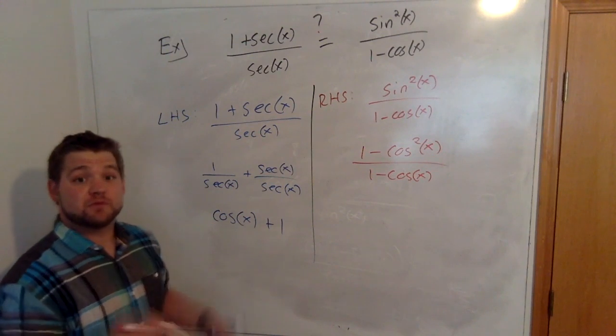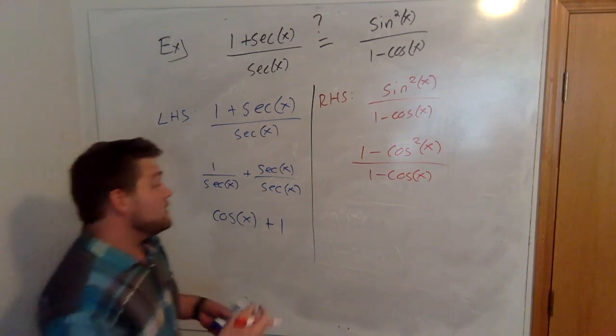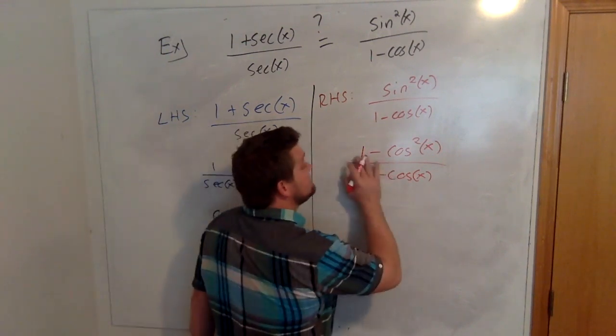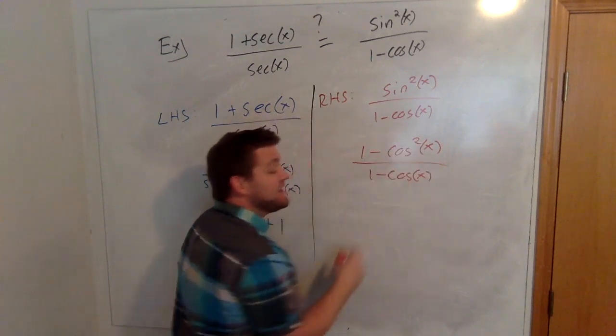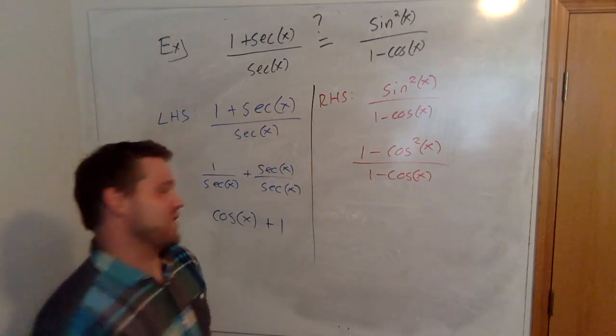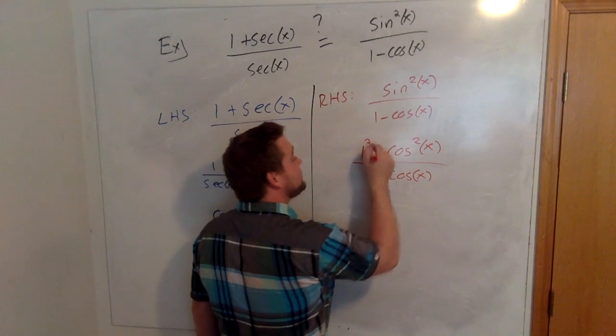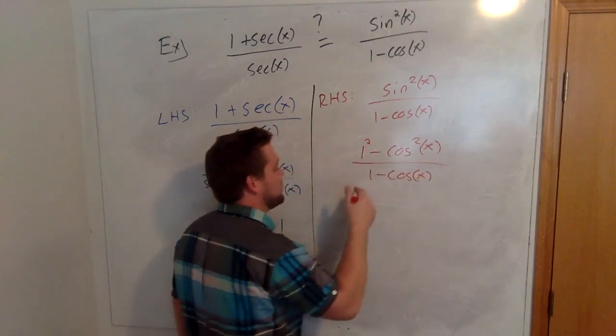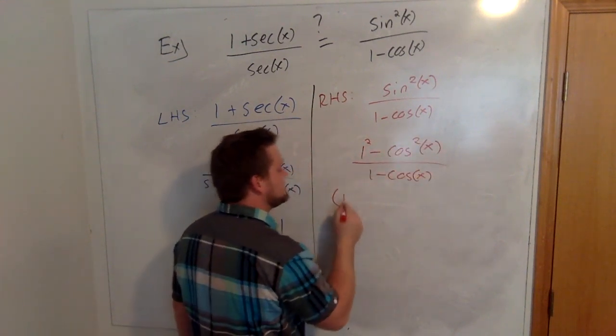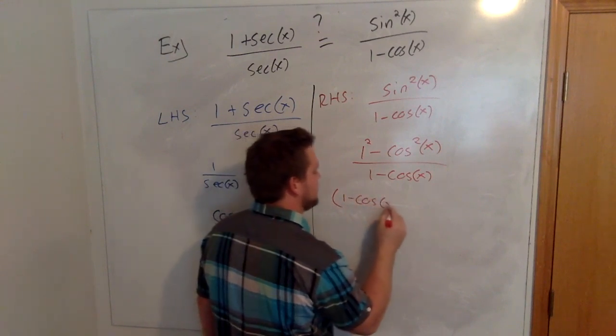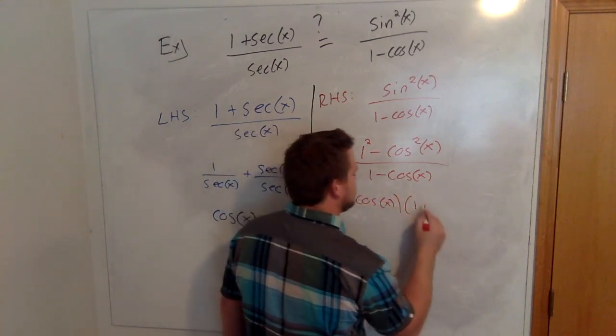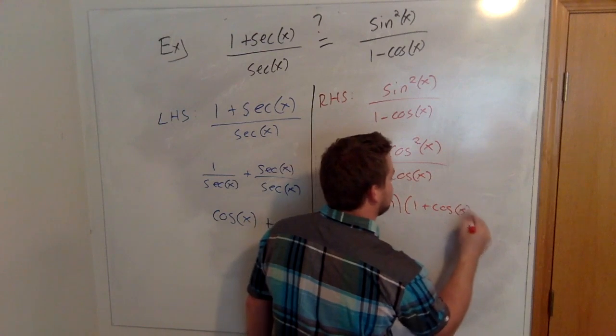You can oftentimes factor. I'm hoping you can see that this numerator can factor. It's a difference of squares. This is like 1 squared minus cosine squared. So that's the same thing as 1 minus cosine of x times 1 plus cosine of x.